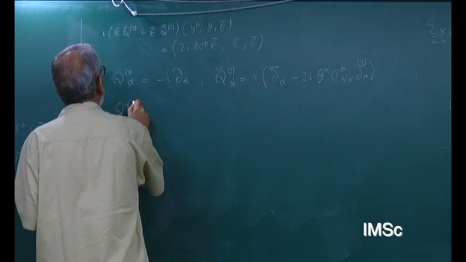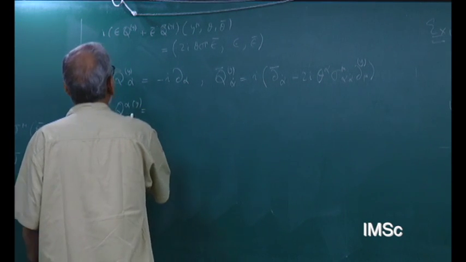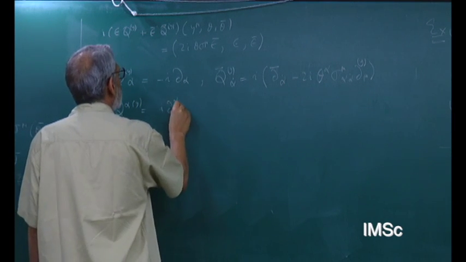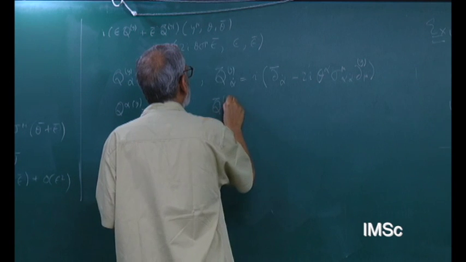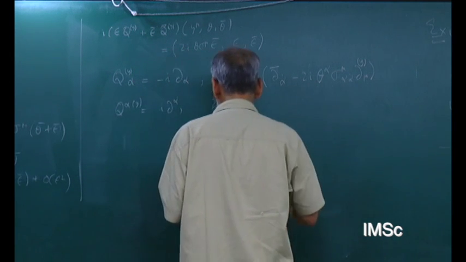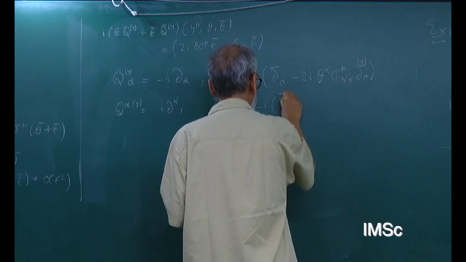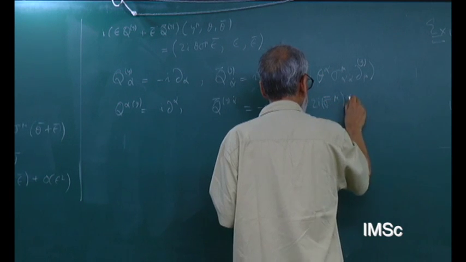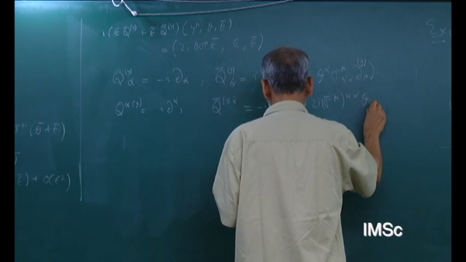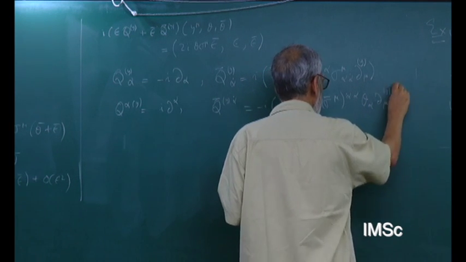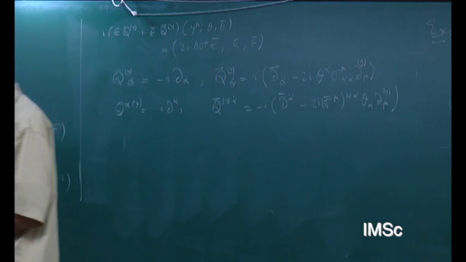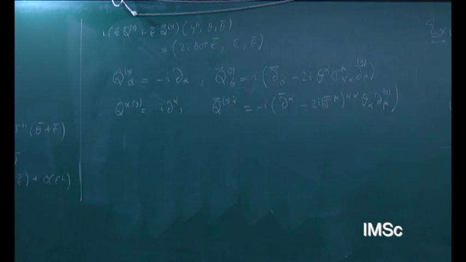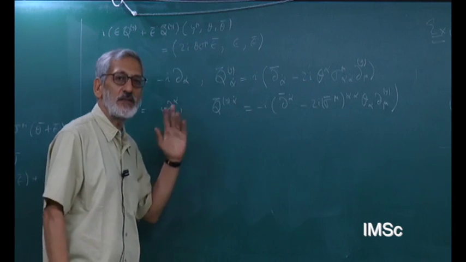You can raise alpha by an epsilon, alpha dot by again epsilon, so the supercharges in this new basis y theta theta bar are these.